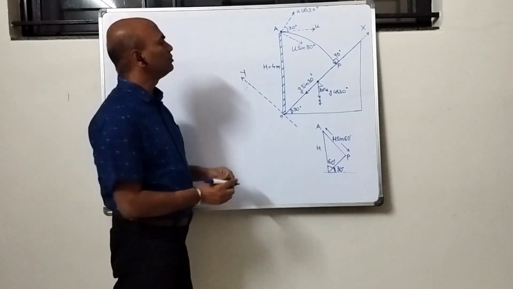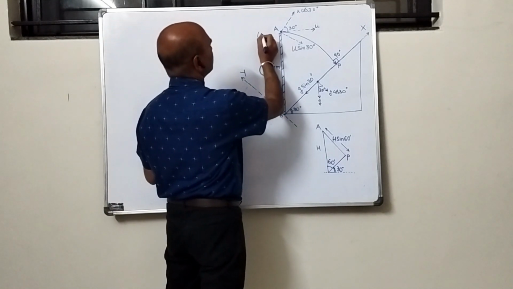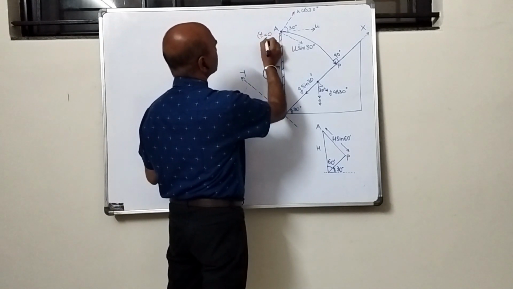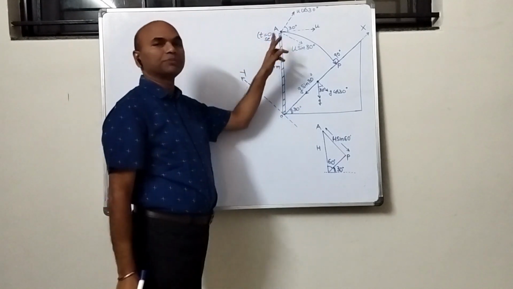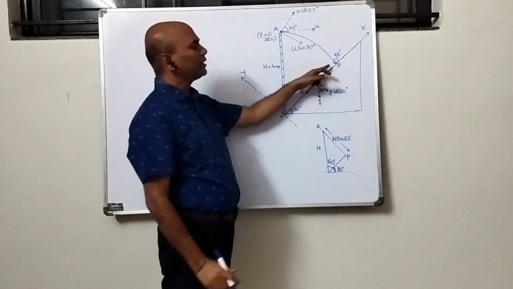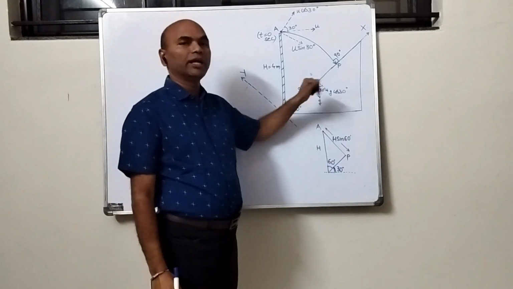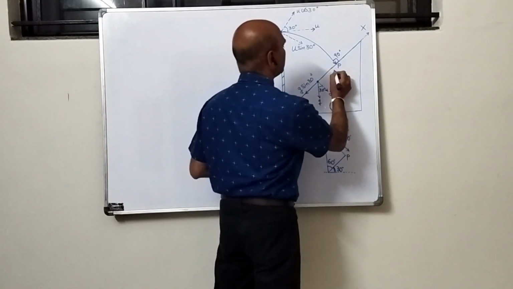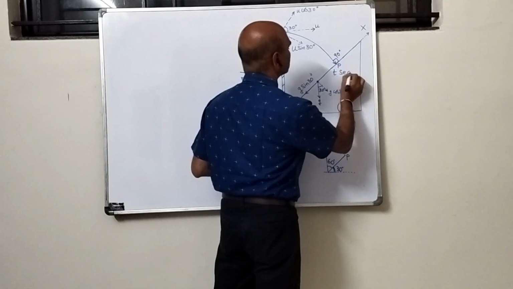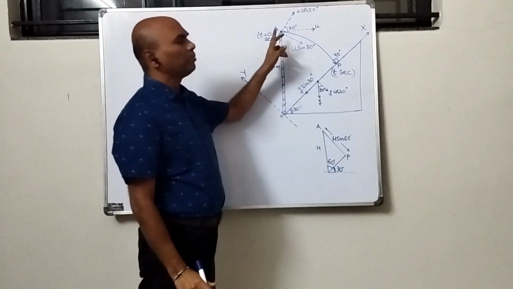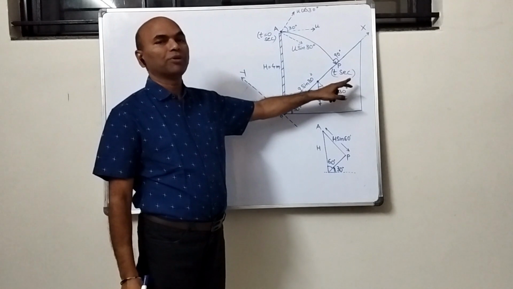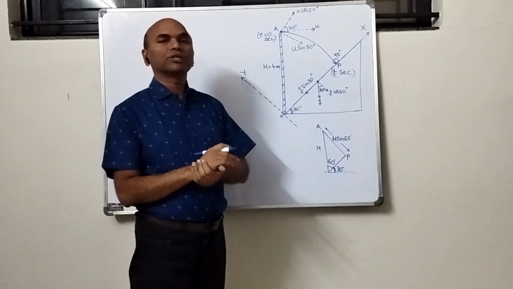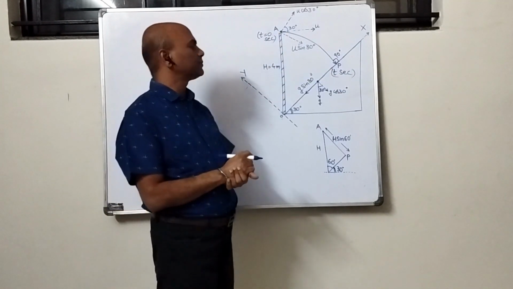So let us assume that it was at time 0 seconds when it was projected, and it hits the inclined plane after some time t seconds. So from point A to point B, the projectile takes a time t seconds.